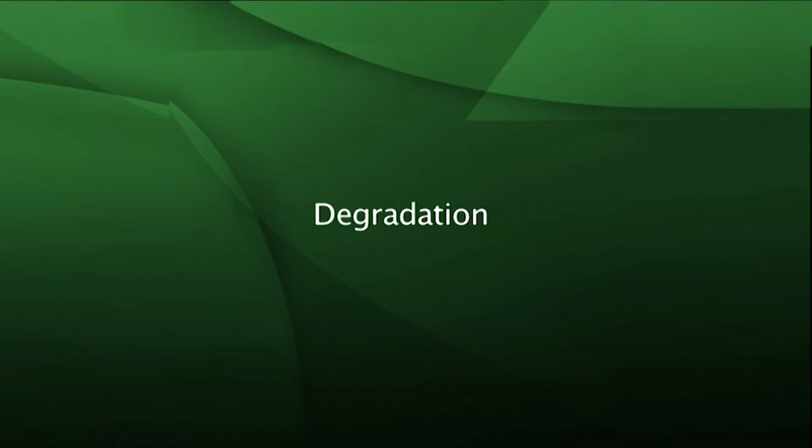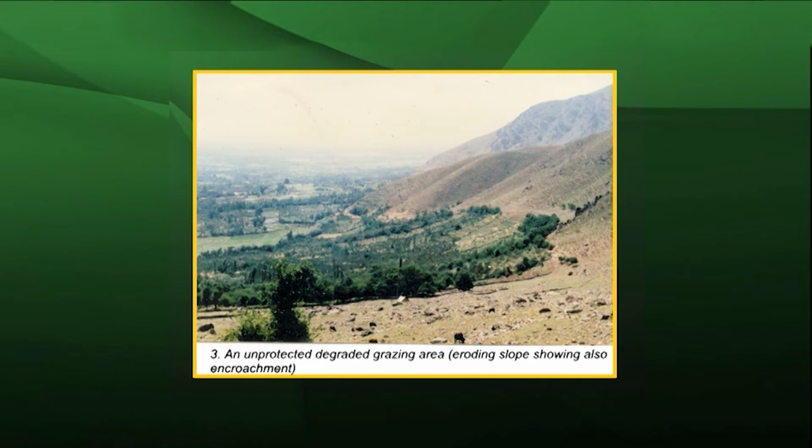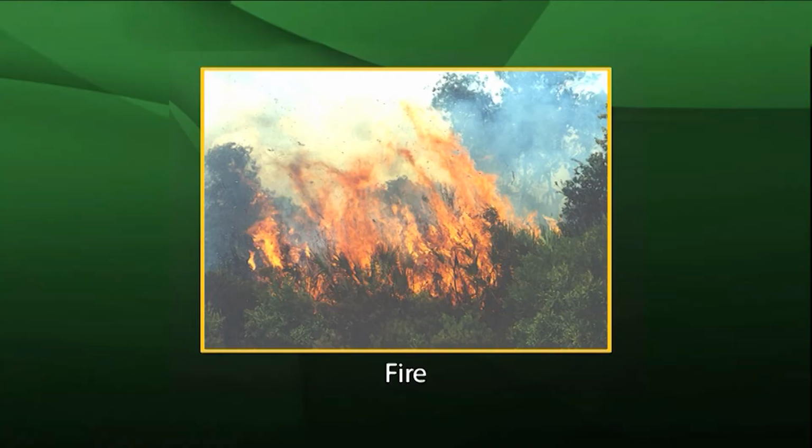Now, about their degradation. Rangelands or grasslands start to deteriorate when there is little or no recovery time between grazing, and when plants are so heavily grazed that their metabolic reserve is removed. Otherwise, grasses are rather hardy plants that are adapted to the sometimes harsh conditions of the world's grassland biomes, for example, periodic drought and even occasional fire.